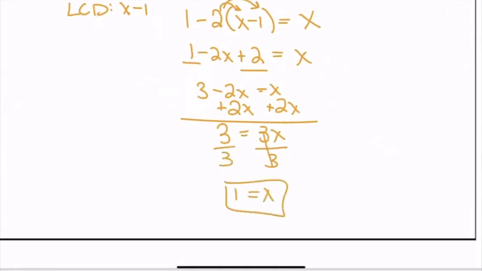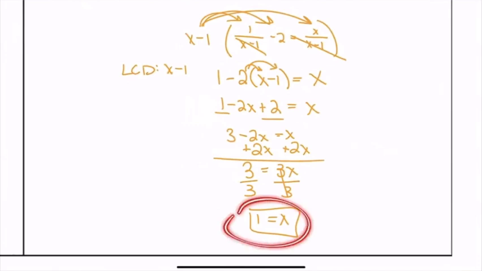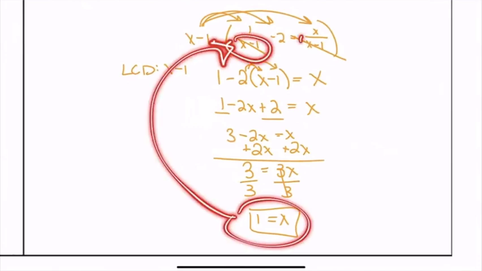So remember what we're doing every time is checking to make sure we didn't accidentally pick our restricted value, because we don't exist at the restricted value, because it's where the denominator is equal to 0. Sorry, I looked at the 1. So here, if we were to plug into our original equation, we have two denominators to look at.